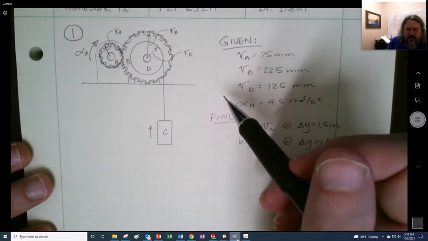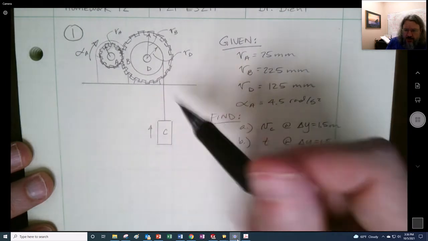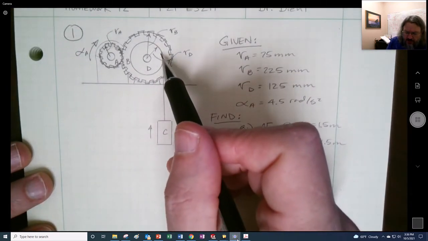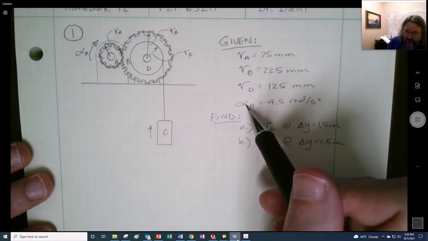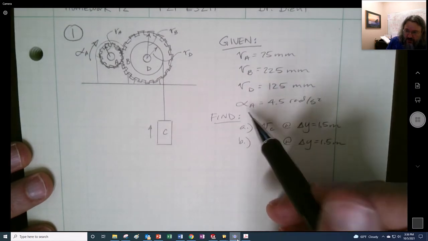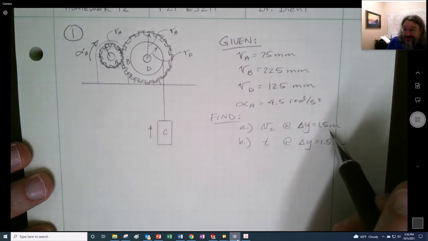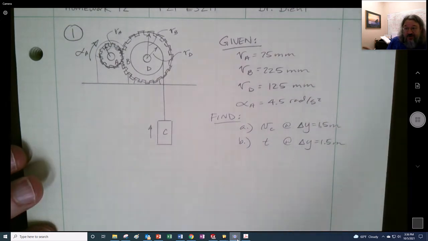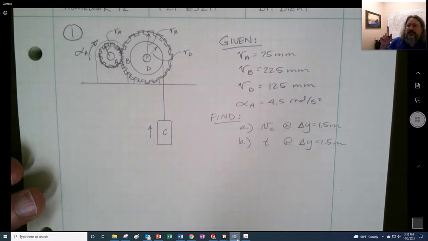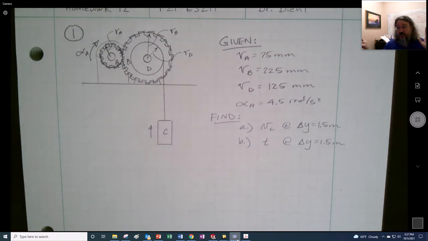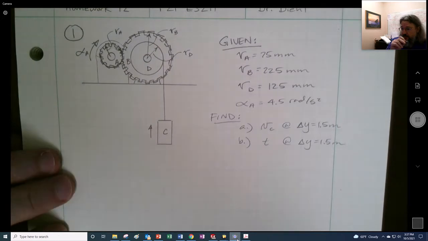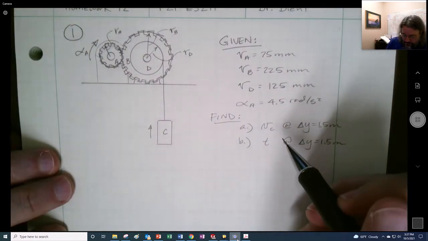Okay, so we want to try to work backwards, I think. We were given the acceleration of this, right? We got a distance, right? We might want to think, oh, I know of a kinematic relationship where if we know the distance and the acceleration, we could find the velocity. Now that applies to angular velocity and translational velocity just as much.